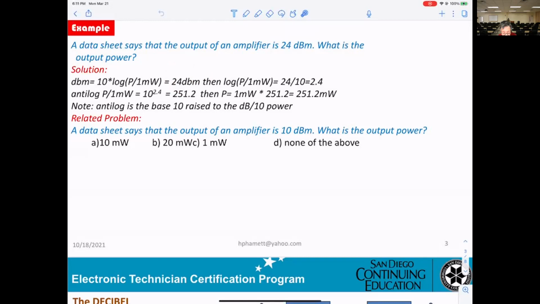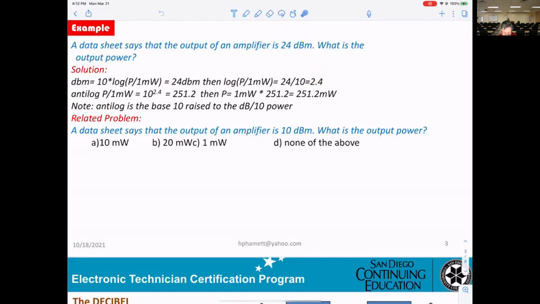Okay? And now you get log of P over 1 milliwatt equal to 24 divided by 10, you get 2.4. Take the log out. You get P over 1 milliwatt equal to 10 to the power 2.4.